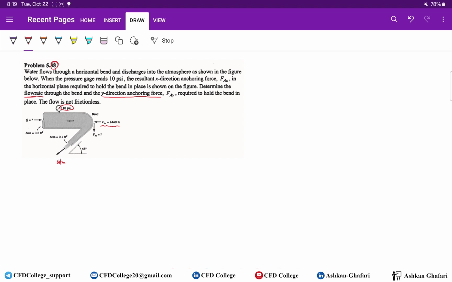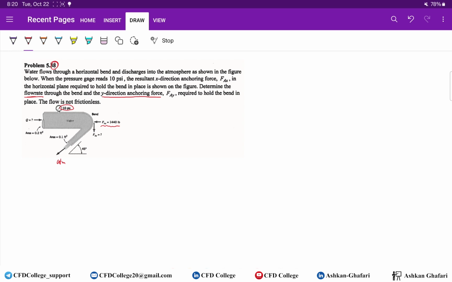So in this tutorial I'm just solving these assignments. Okay, so we should use linear momentum equation. In x direction we have the force, so we should use the linear momentum equation in x direction, probably to find velocity, and then we can find FAy.